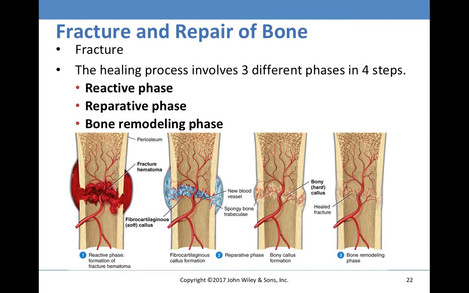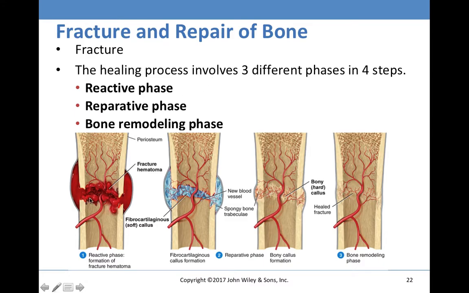And this soft callus will then convert into our spongy bone. It'll begin with spongy bone, and eventually this spongy bone will convert into a hard callus. And finally, we'll take that hard callus and we'll remodel it to actually heal our bone to nearly what we originally started with before our fracture.